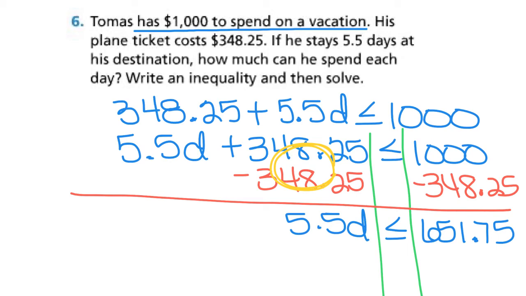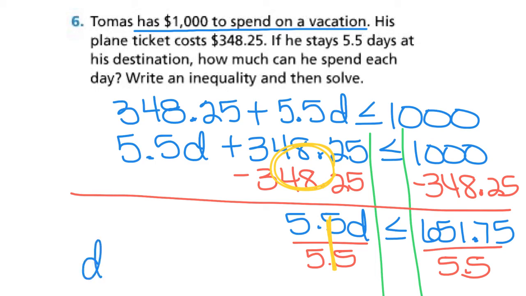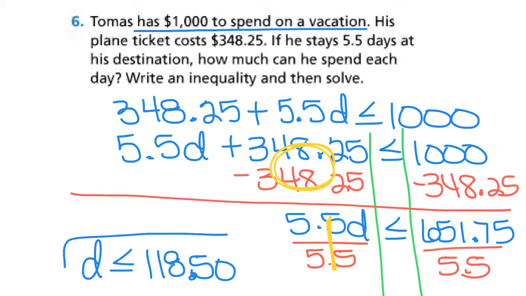But since we want to know an estimate for each day, we're going to divide that total by the 5.5 days. 5.5D divided by 5.5 leaves me with 1D, and the 651.75 divided by 5.5 leaves me with $118.50. I divided by a positive, so I leave my sign the same, and find that Thomas can spend up to $118.50 a day in order to stay within his budget.